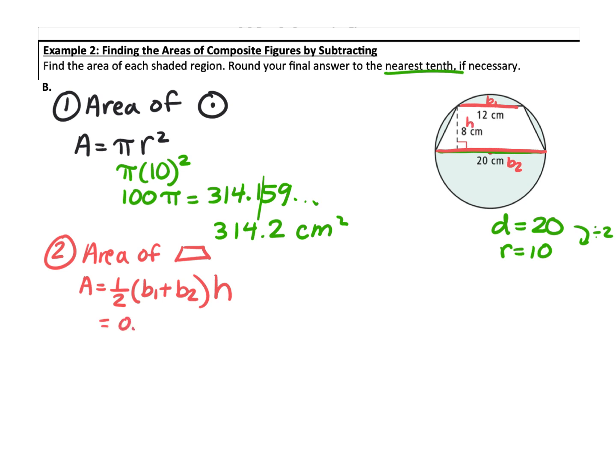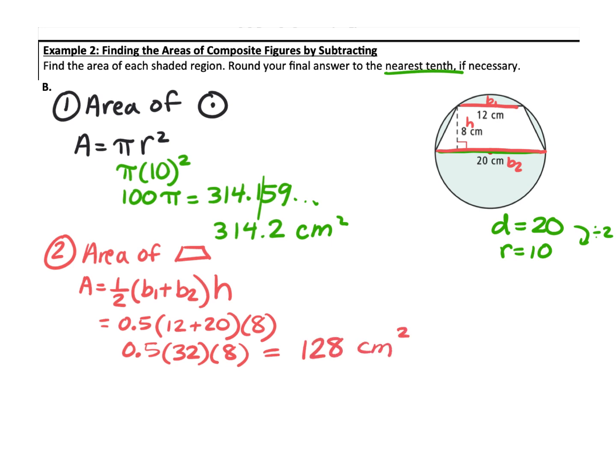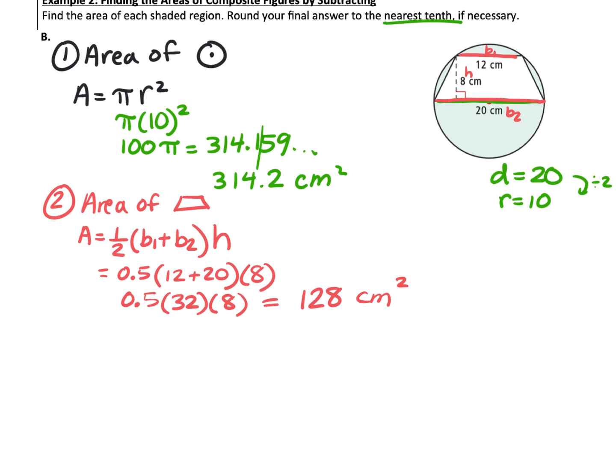So I'm going to go 0.5 times 12 plus 20 times 8. And we can then just grab a calculator and take 0.5 times 32 times 8. And when you do that, you will end up with 128 centimeters squared.